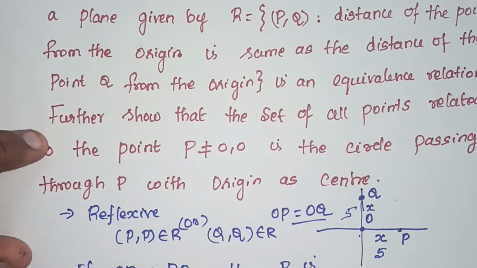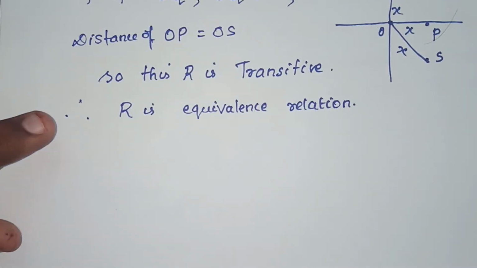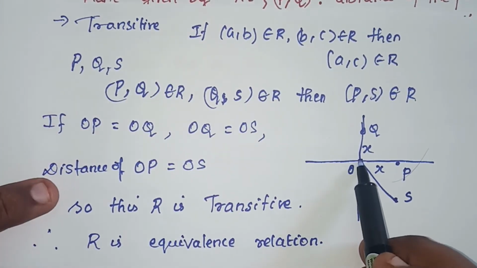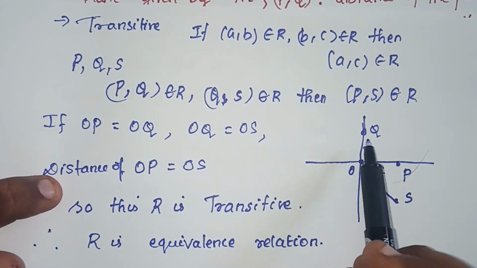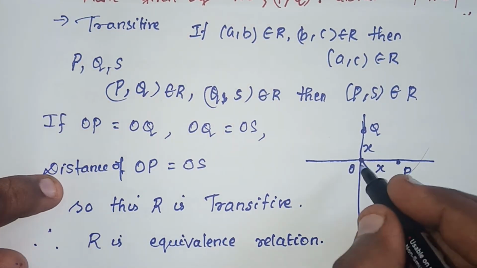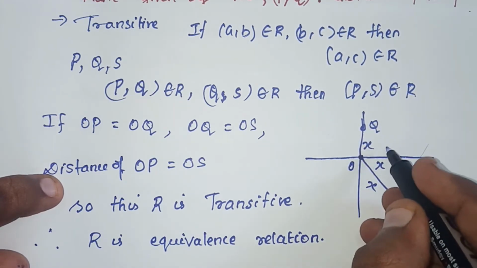Okay. So in this plane we took 3 points, right? So this is O, the center, the origin. This is point P. This is Q. This is S. So we can draw a circle by connecting these points, right?